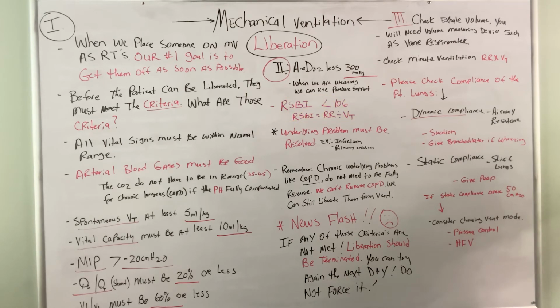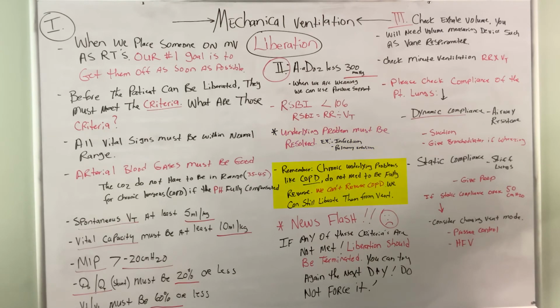Next is a very important and very crucial statement. The underlying problem must be resolved. Whatever placed that patient on the mechanical ventilator must be resolved before we can liberate them. They may have an infection or pulmonary embolism, but those things have to be resolved before we can liberate them.